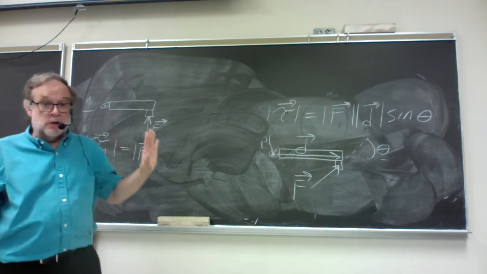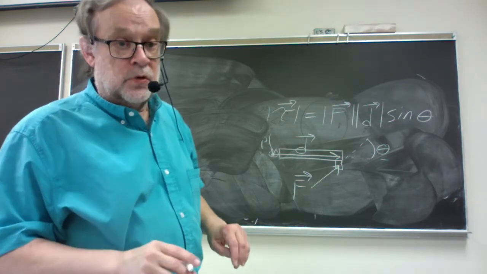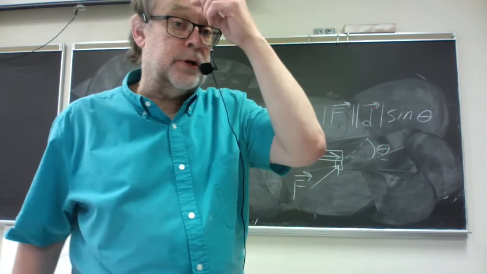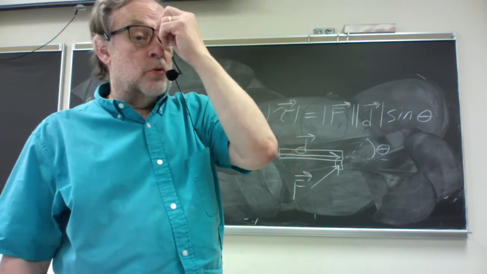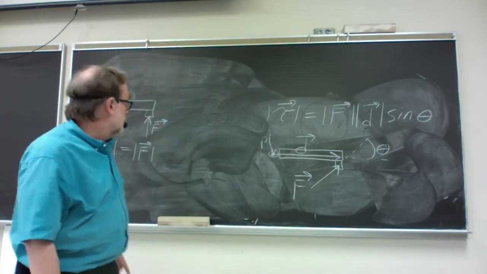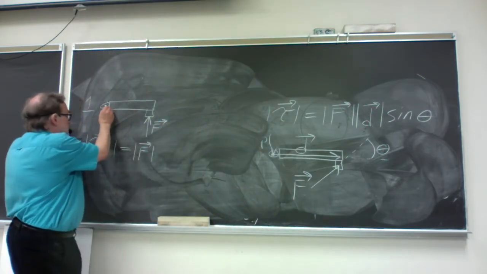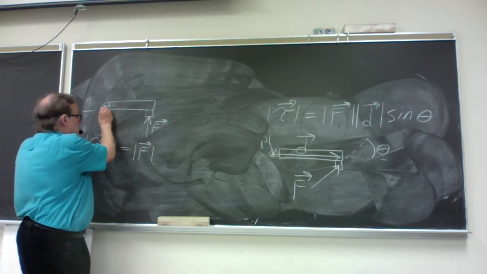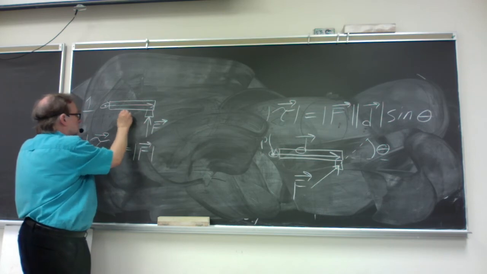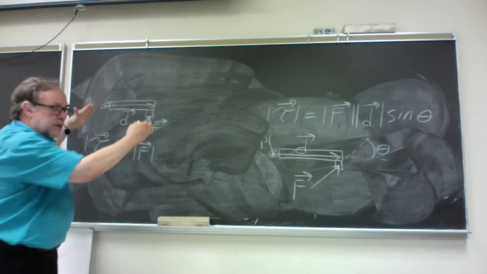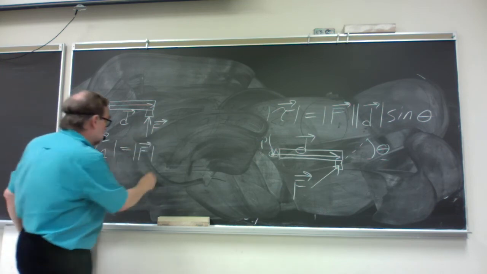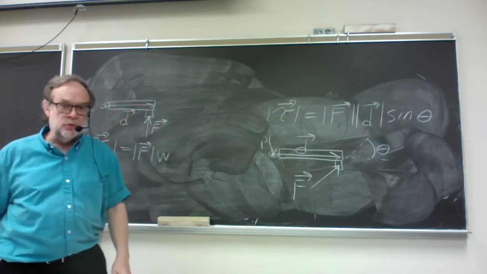For all these cases, we want to leave the reference point the same so we can actually compare one case to another. And we'll always keep the reference point right at the hinge, right at the axis of rotation. So the displacement vector then takes us from the reference point at the hinge to where the force is applied, way out there. And so the magnitude of that displacement vector is just the width of the door. Let's call it W for width.